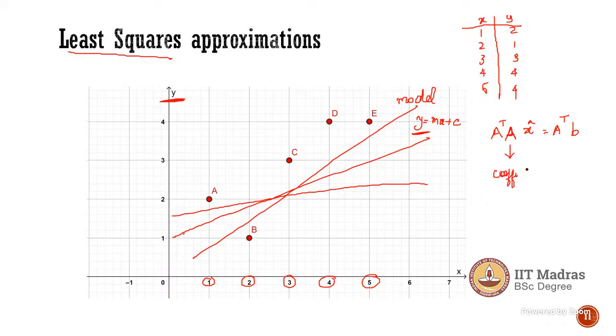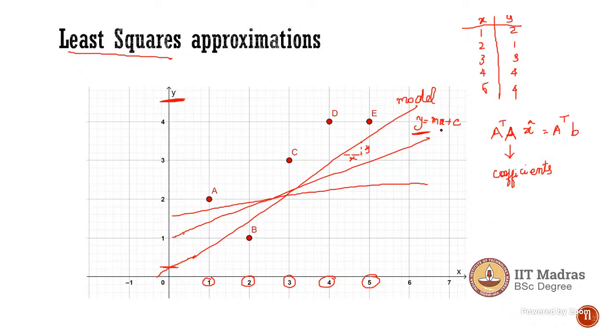What are the two parameters of this line? First is your slope and the second one is your intercept. Slope is the value of dy by dx, and this c is your intercept. Intercept is the place where your line will cut the y-axis. So these are the two parameters of the model, and these are the coefficients.